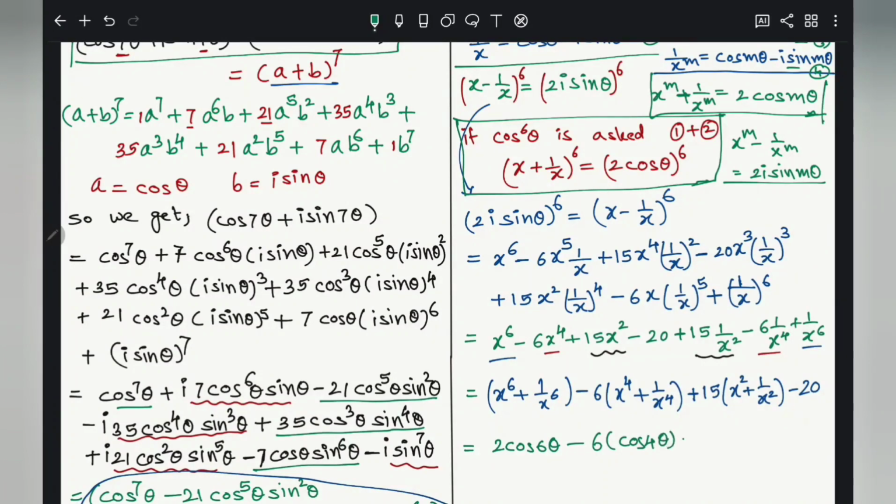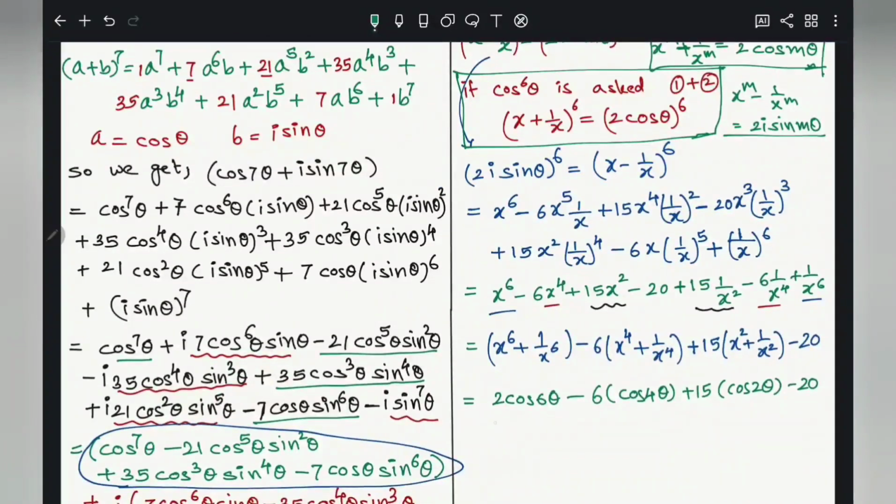Then cos 4 theta, this is 15 cos 2 theta minus 20. So you can see here that what we have actually got is (2i) sin raised to 6, 2 raised to 6, i raised to 6 is minus 1, and sin raised to 6 theta is equal to 2 cos 6 theta.